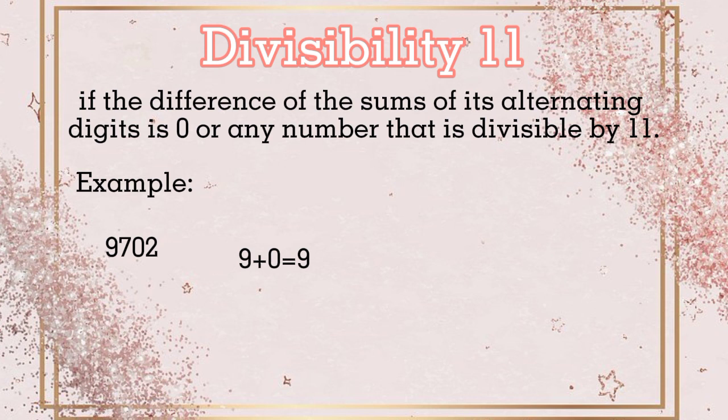Second, get the sum of the digits in the even places, which are 7 and 2. So 7 plus 2 is equal to 9. Last, get the difference of both answers and decide if the difference is divisible by 11. 9 minus 9 is equal to 0. If the difference is 0 or any number divisible by 11, then the number, regardless of how big it is, will automatically be divisible by 11.